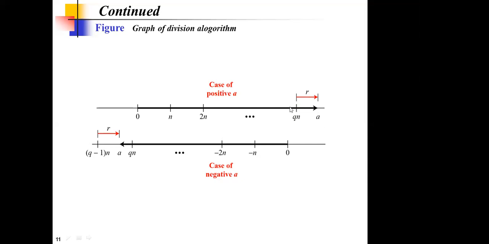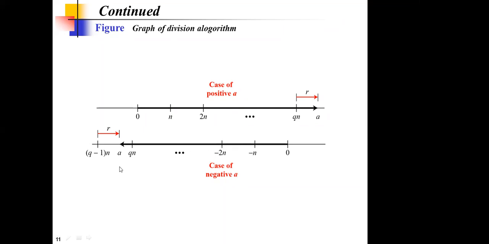Or when a is negative, so I can go minus, if I divide by positive n, there is minus n. If I use minus 2, minus twice n.